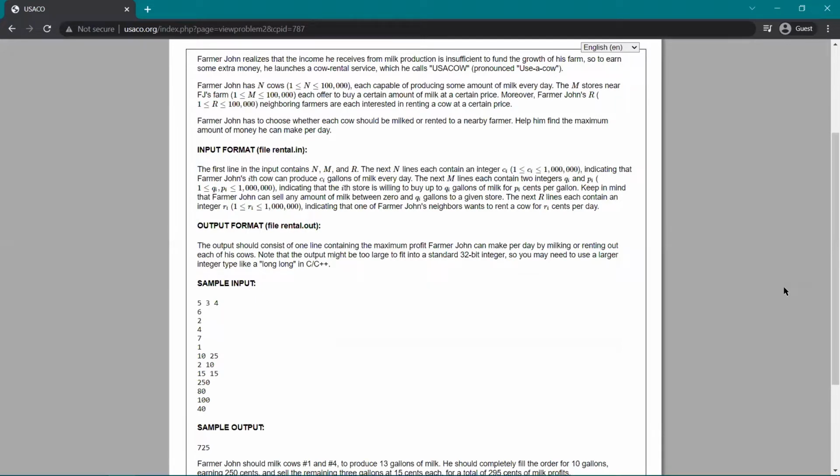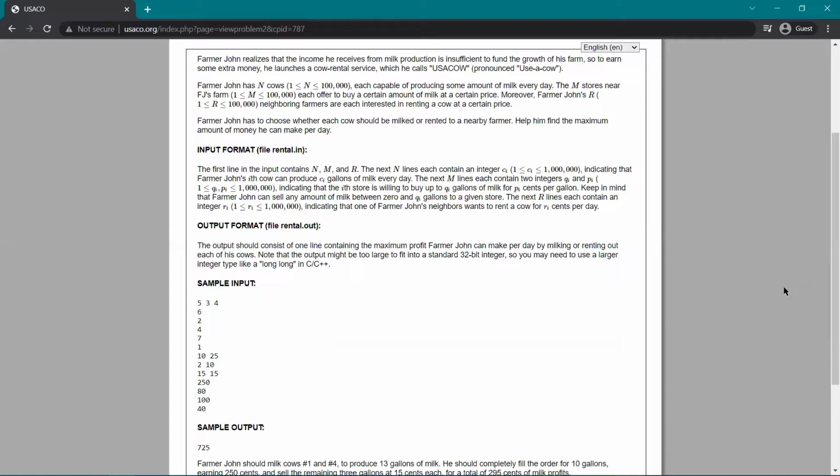The M stores near Farmer John's farm each offer to buy a certain amount of milk at a certain price. Moreover, Farmer John's R neighboring farmers are each interested in renting a cow at a certain price. Farmer John has to choose whether each cow should be milked or rented to a nearby farmer. Help him find the maximum amount of money he can make per day.